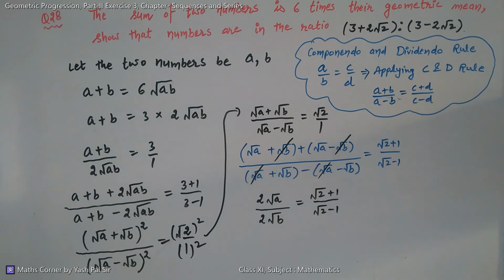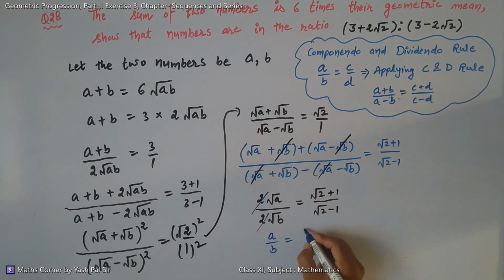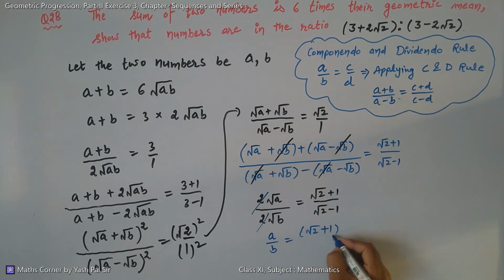Right? Now in the next step, 2 is cancelled here. We square on both sides. So left hand side becomes a upon b. Right hand side becomes square root 2 plus 1 whole square divided by square root 2 minus 1 whole square.